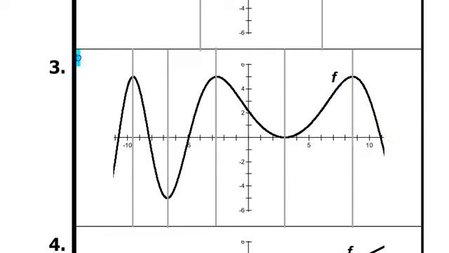So let's see. It's increasing here and here and here. And it is decreasing here and here and here.